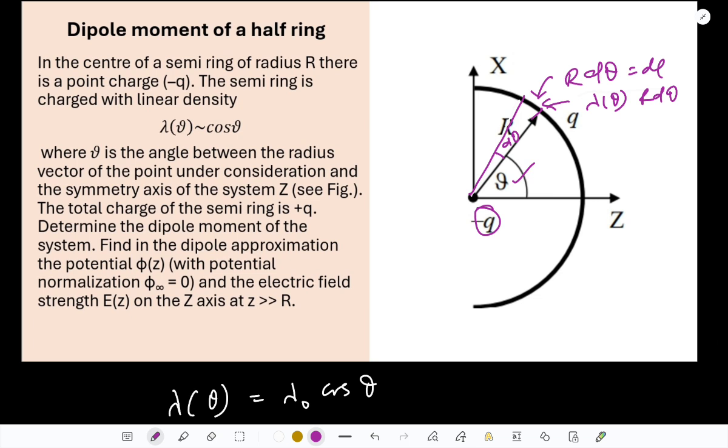It is located at a distance r from the point charge minus q, and the projection of its position vector on the z axis is r cos theta. We integrate over the angle theta from minus pi by 2 to pi by 2.